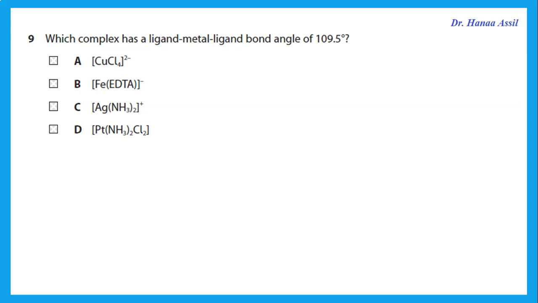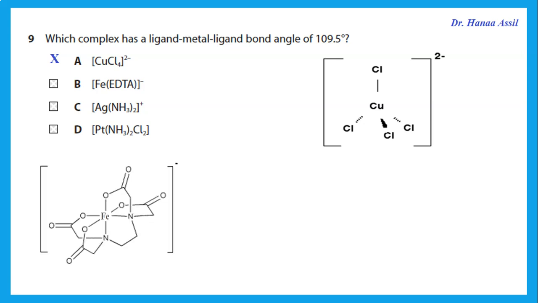Which complex has a metal ligand bond angle of 109? 109.5 means tetrahedral. So which of these is tetrahedral? Of course, the copper with 4 chloride ions is tetrahedral. So this is the one that would have a bond angle of 109.5.